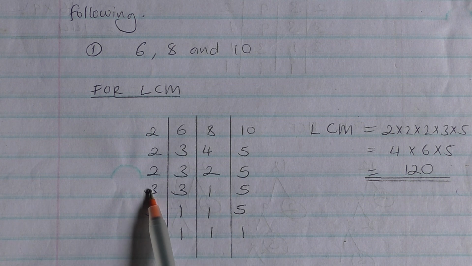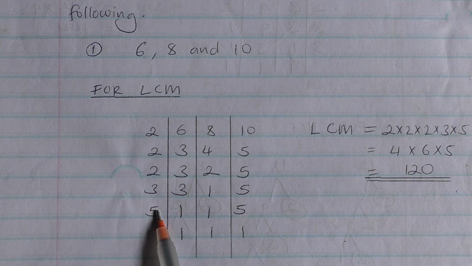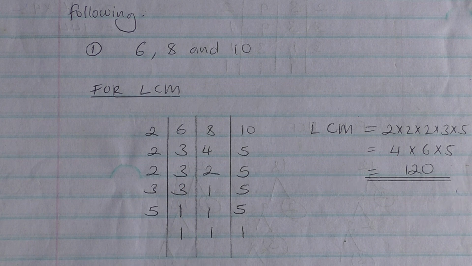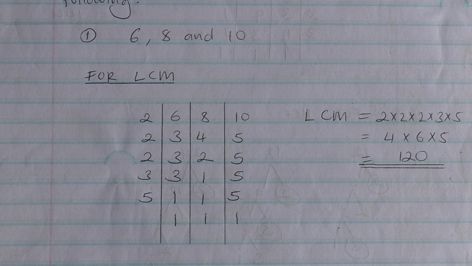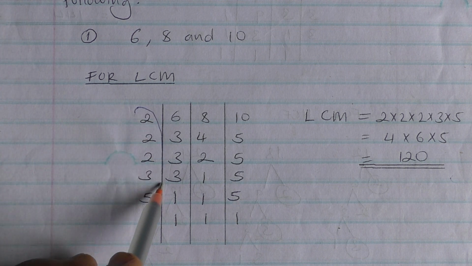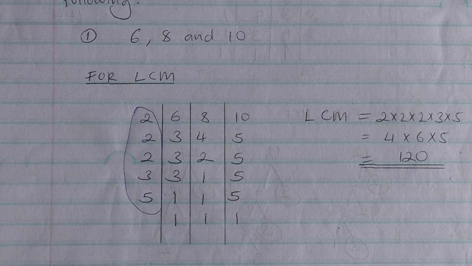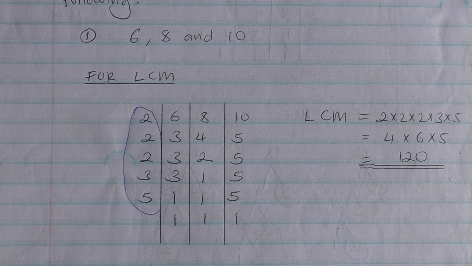So 3 can be reduced by 3 and 5 can be reduced by 5. We decompose until we get 1, 1, 1. Then after decomposing these numbers, we multiply the prime factors to get the LCM.